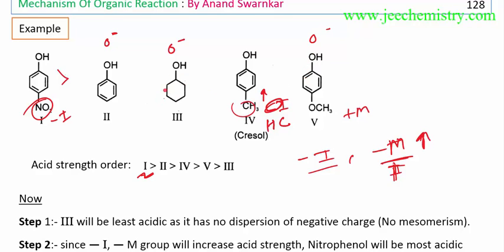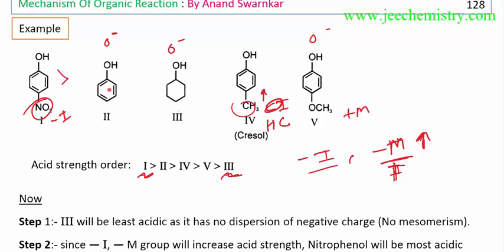But this compound doesn't have any conjugation or any group, so it will come in the last position. All the other compounds have conjugation with O minus, but this one doesn't. It will be the least stable, so it will be less acidic. That's why this third compound comes last.